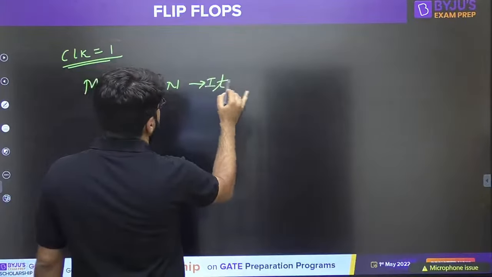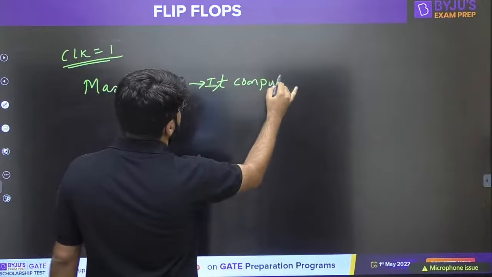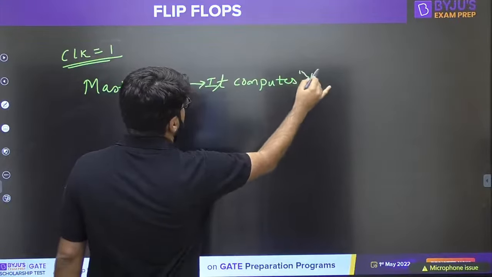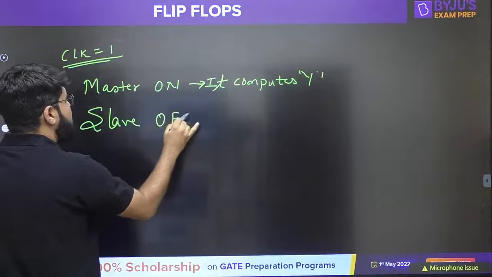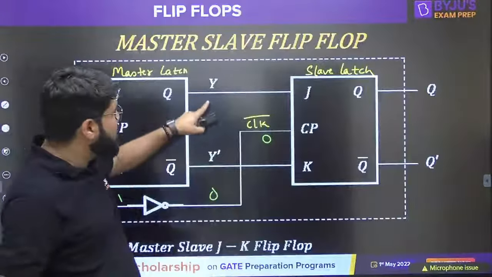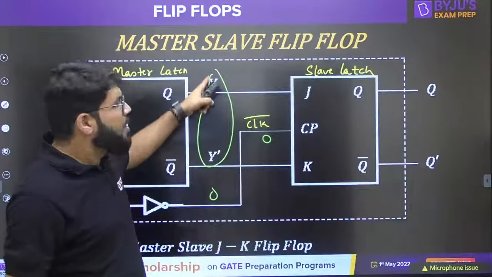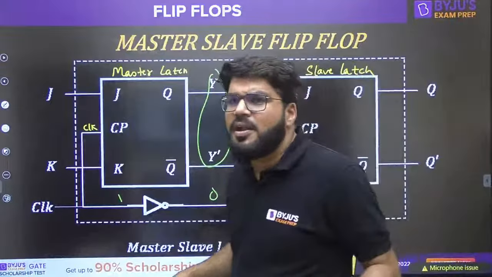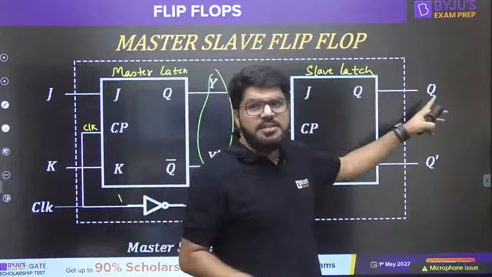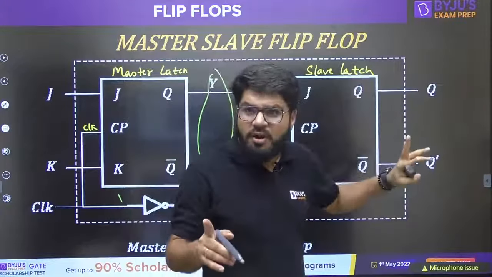So what it does, it computes. The master is on and it will compute the variable Y. The master produces the output variable Y which is ready here, but will it go to the final output? Will the user see the final output? Not at all, because the final output is transferred through the slave and the slave is off.